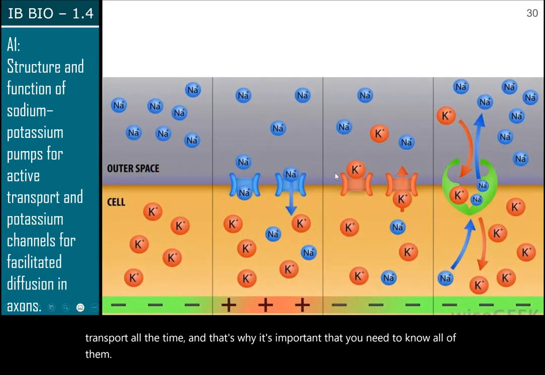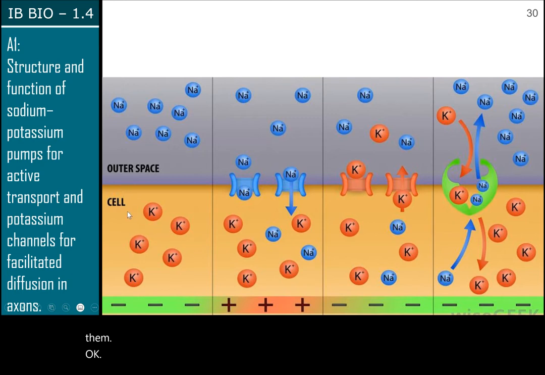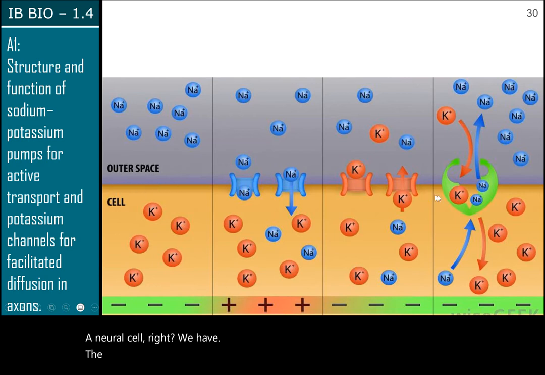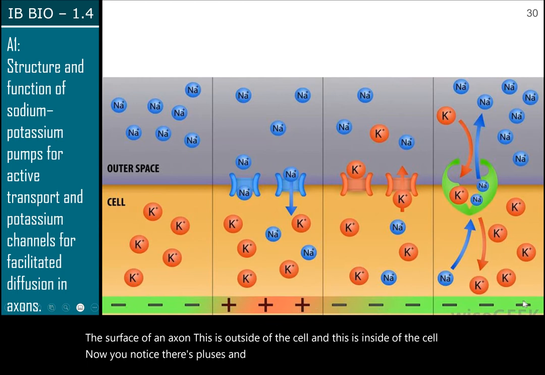Okay. So what we have here is a zoomed in diagram of the surface of a neural cell. We have the surface of an axon. This is outside of the cell, and this is inside of the cell. Now you notice there's pluses and minuses down here, and that's indicating relative charge.